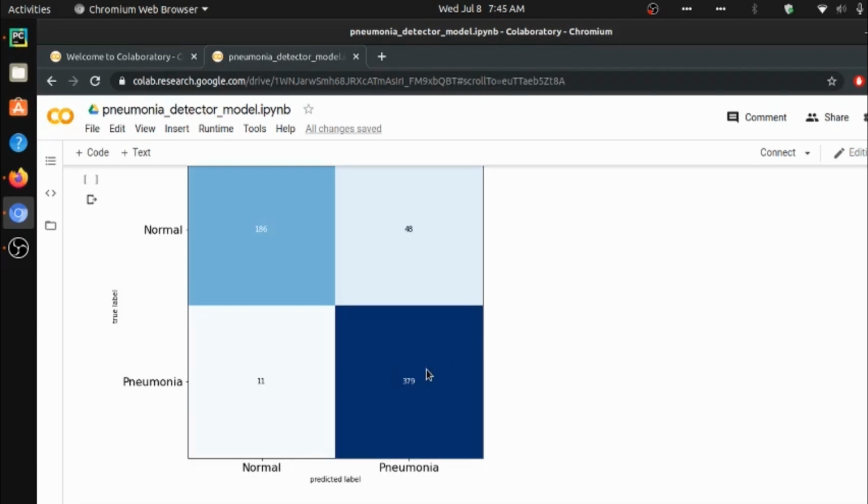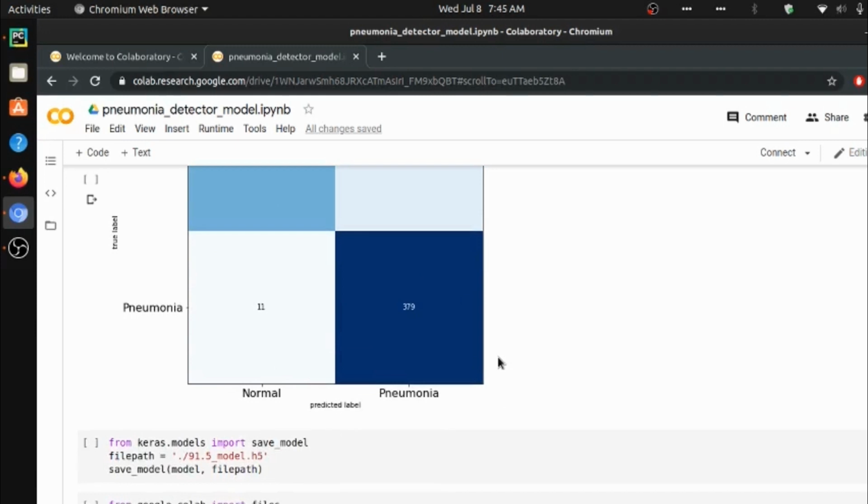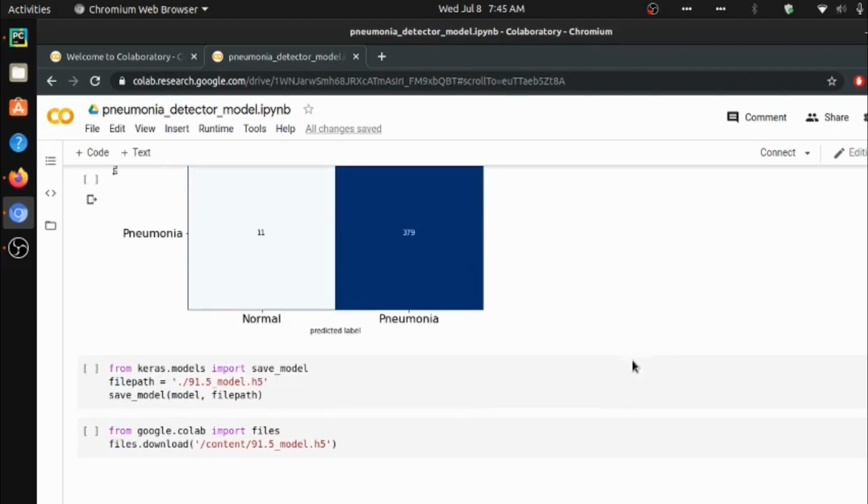Otherwise, we are predicting correctly for the rest of the 380 cases. I guess the total number of cases is 390, and out of that we are predicting 380 correctly and 10 wrongly. So this is the result of the model that we have trained right now.